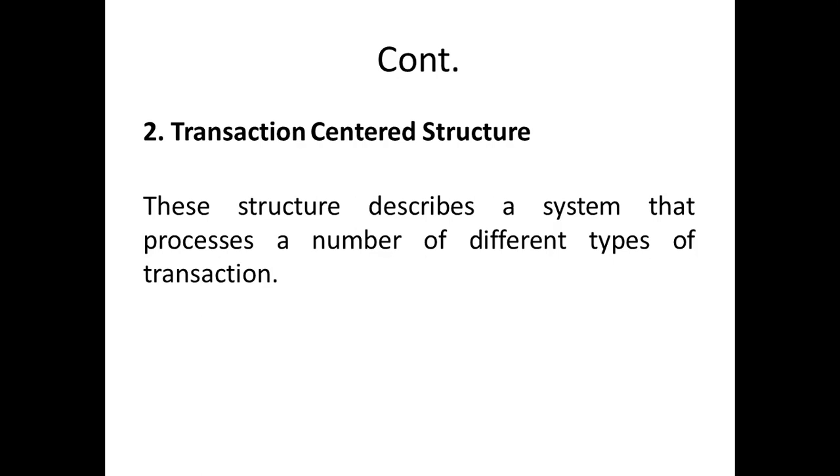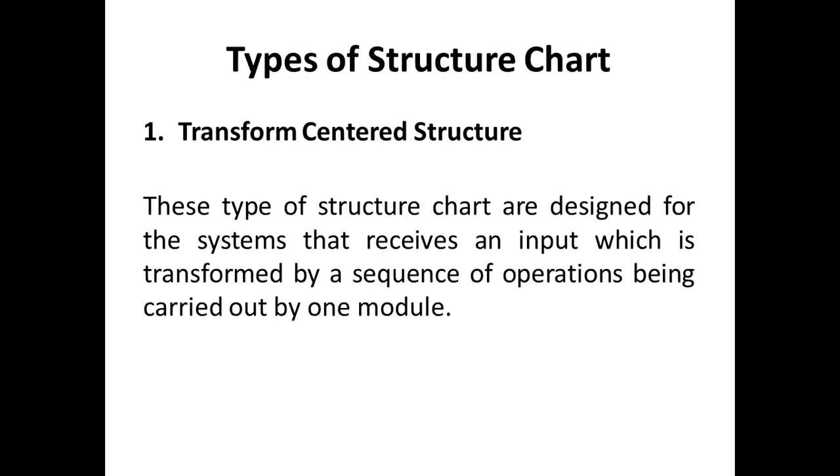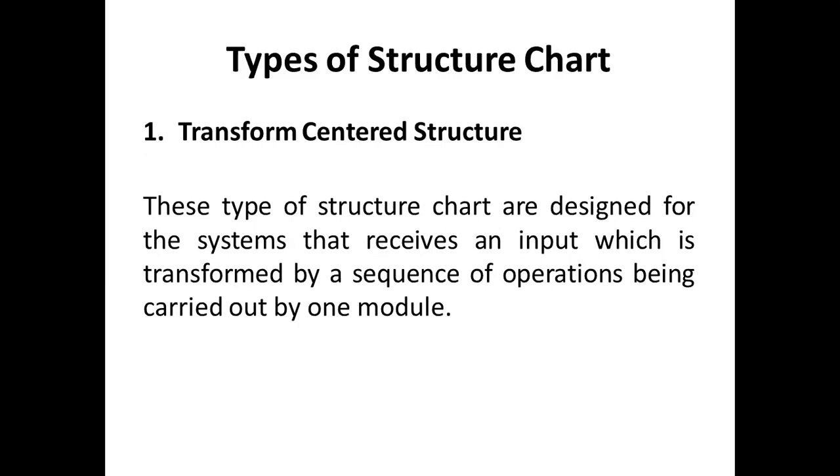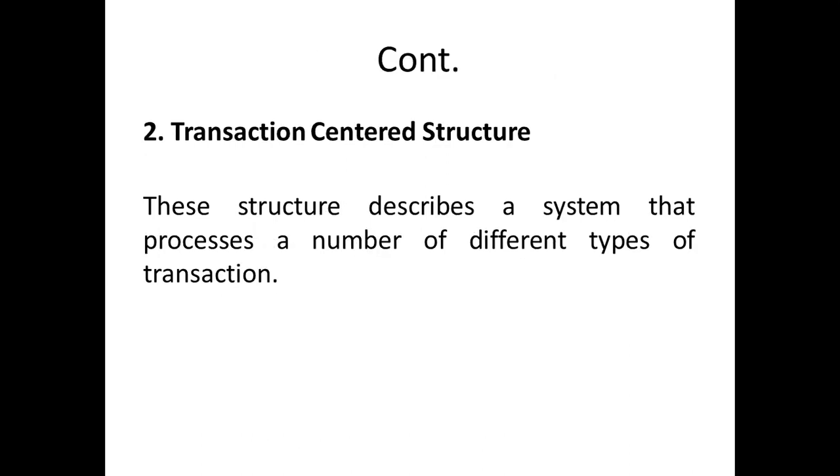So this is called the transaction centered, and the first is called the transform centered. There are only two types of structure chart here. First is the transform centered structure and another is the transaction centered structure. For various small problems, you can draw the structure chart.